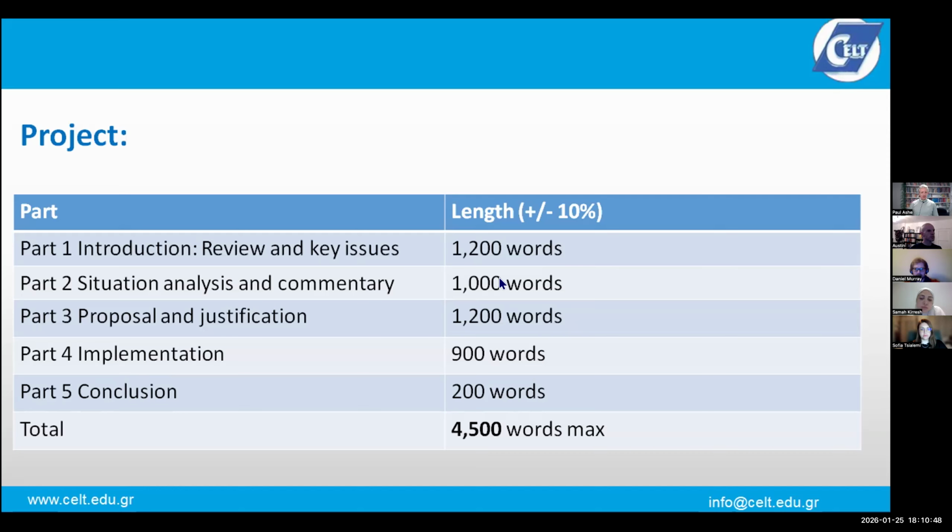So you can see part 1 is where you're going to have to do a lot of background reading, the theory. You wouldn't mention in part 1, for example, your specific language teaching organization. It's about the general concept, the general theory first.